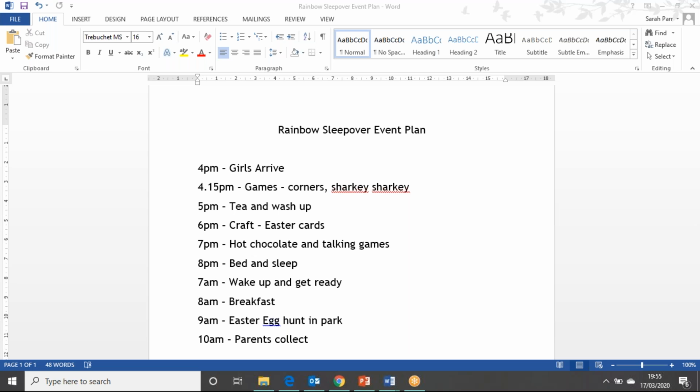So in going through the plan and thinking about each thing individually, in terms of what are we doing, what might go wrong, what are we going to do to stop it from going wrong, by walking through it from start to finish, it does help us to really think through what we're going to put on our risk assessment.